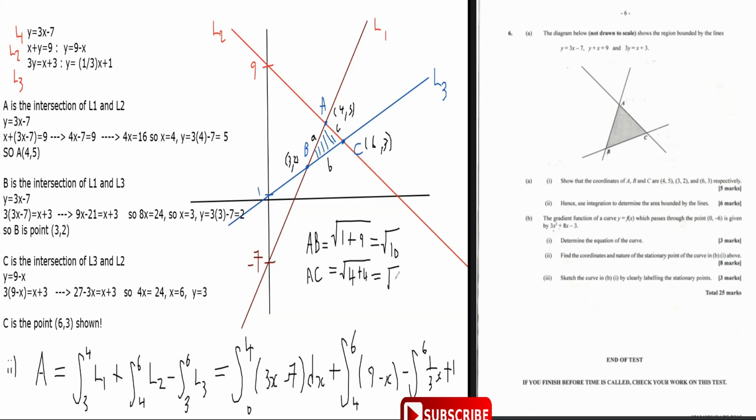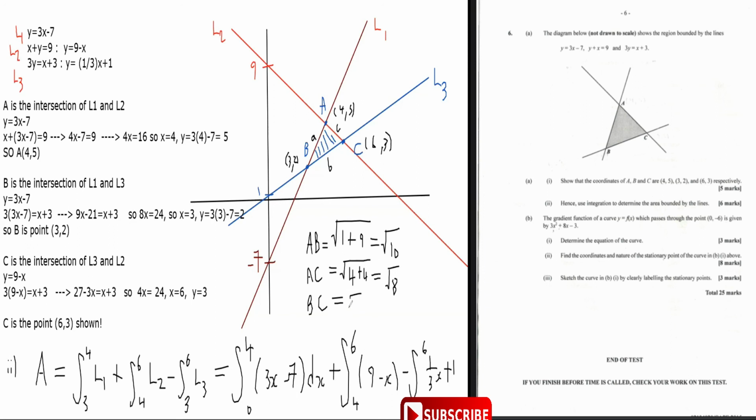And then we need to find the length from B to C, which is 6 minus 3 is 3, so 3 squared is 9, plus 3 minus 2 is 1, 1 squared is 1, so the length BC is also the square root of 10.